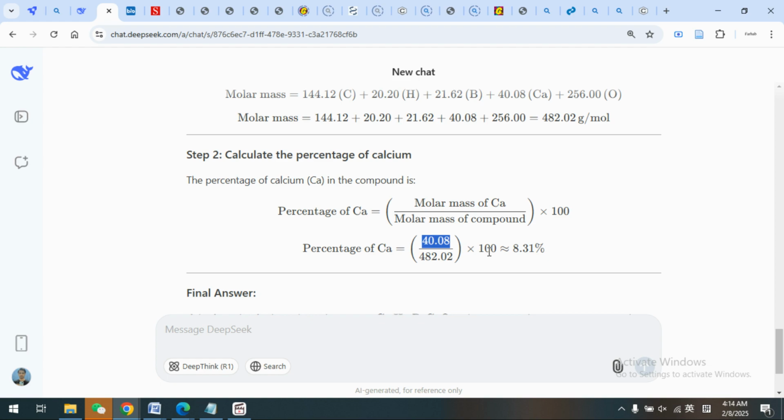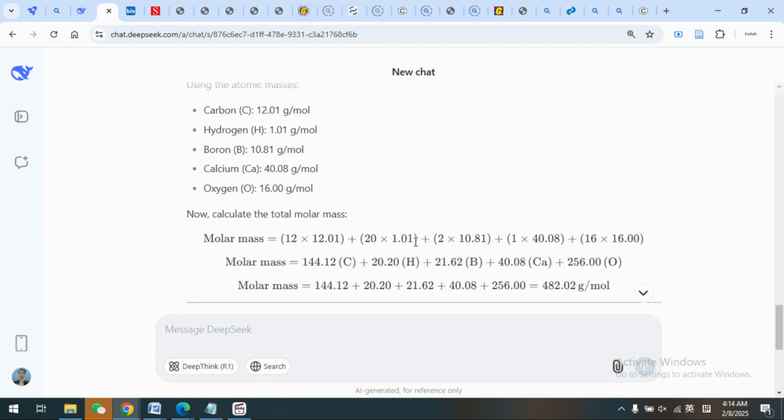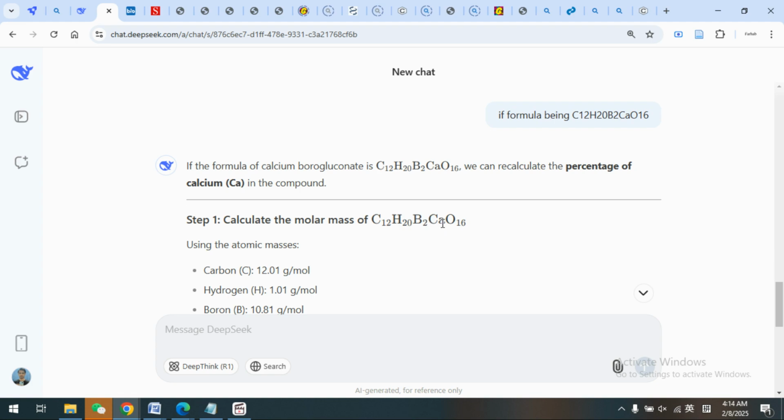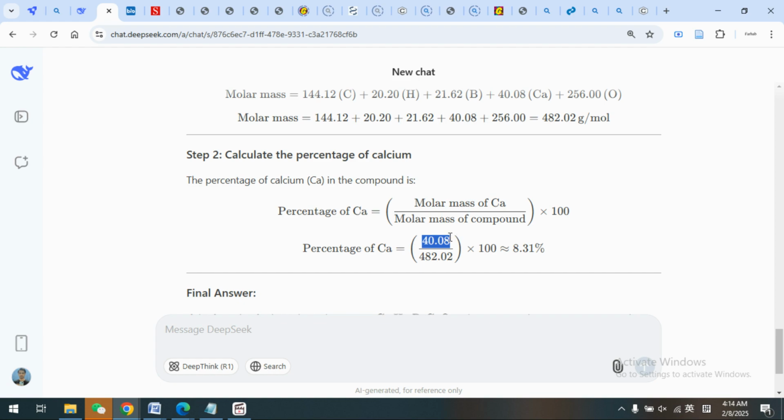For example, let's assume the molecular formula of calcium borogluconate has calcium as 2, Ca2, O16, and the other values are the same. Then we multiply 40 by 2, continue the equation, and find the answer.